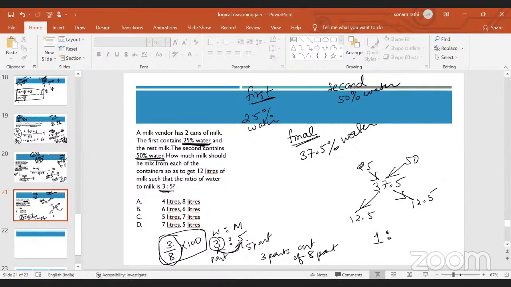So in 1:1 ratio, right? Basically, first container and second container in 1:1 ratio.